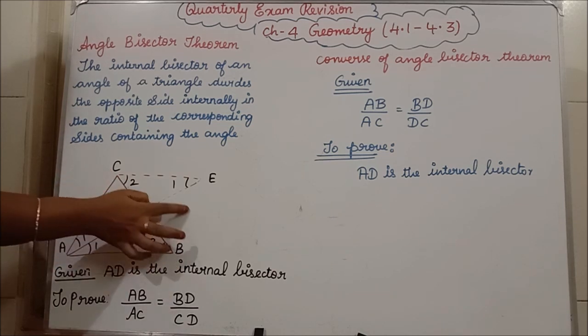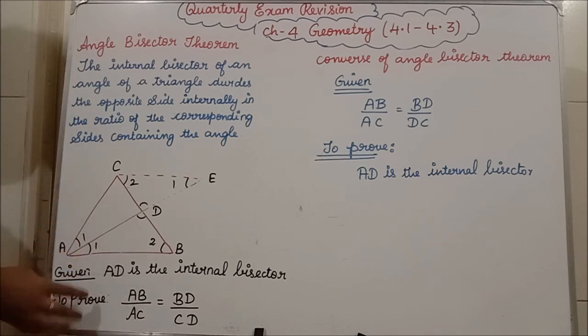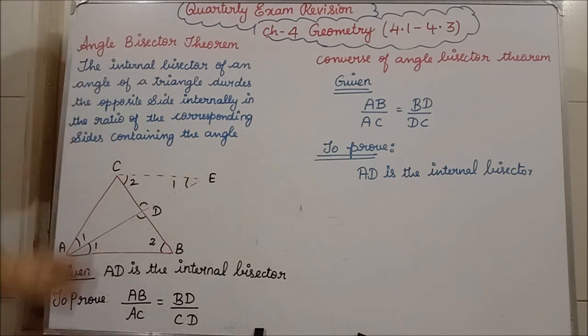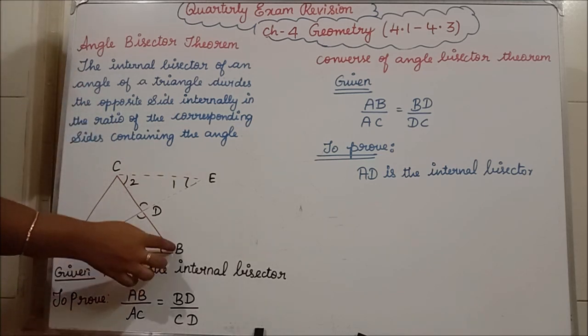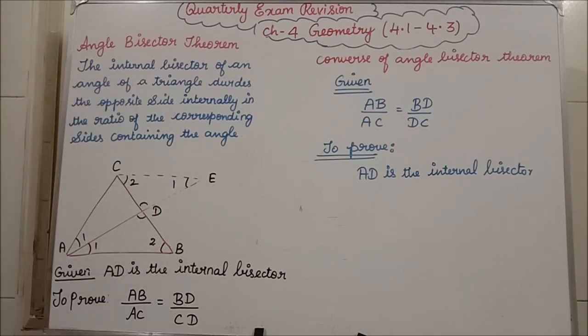Similarly, BD divided by CD. In the angle bisector theorem, they have given AD is an internal bisector, and we have to prove AB divided by AC is equal to BD divided by CD.